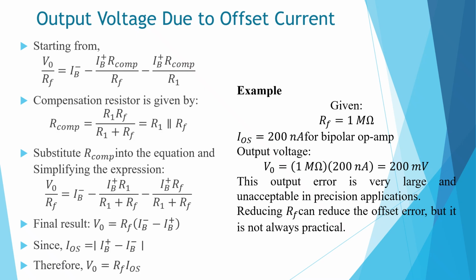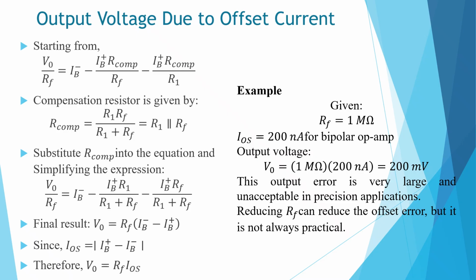Substituting this value in the equation and simplifying, we obtain Vout is equal to RF into (IB minus minus IB plus). The difference between the two bias currents is called input offset current. So IOS equal to magnitude of IB plus minus IB minus. Therefore, the final expression for the output voltage becomes Vout equal to RF into IOS.